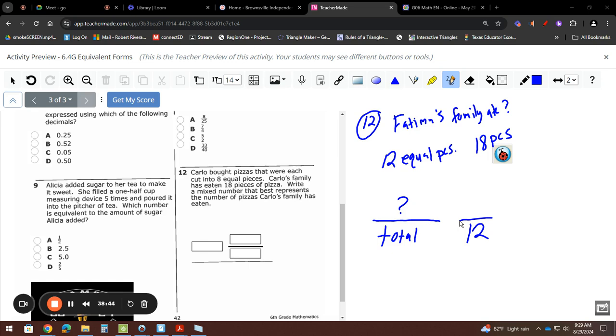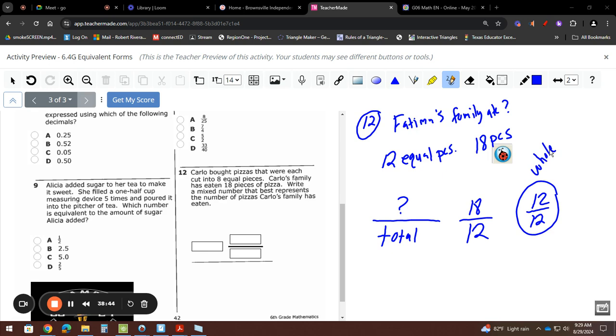Now how much did they eat? 18. And you're wondering, how is that possible? That means they have to buy another pizza. That's what this means. It's improper. So here's how it works, guys. The pizza is cut into 12, right? So 12 out of 12 would be a whole what? Pizza.